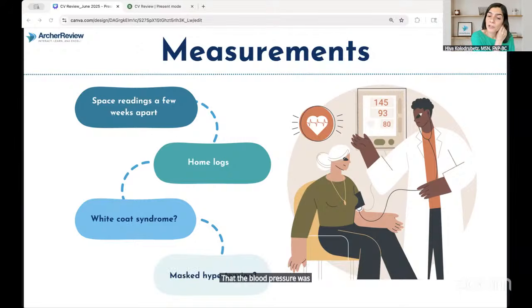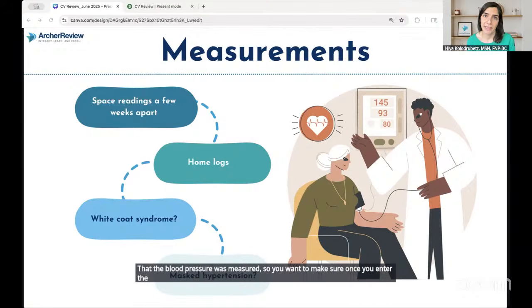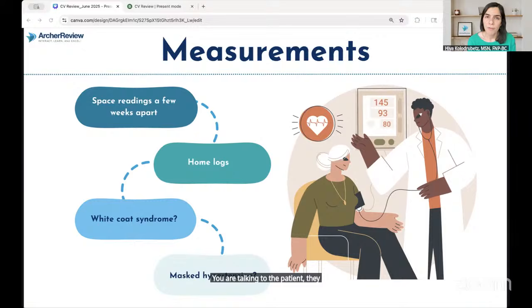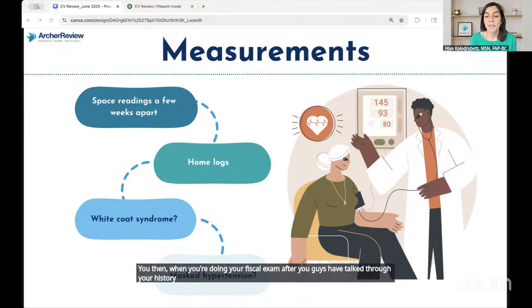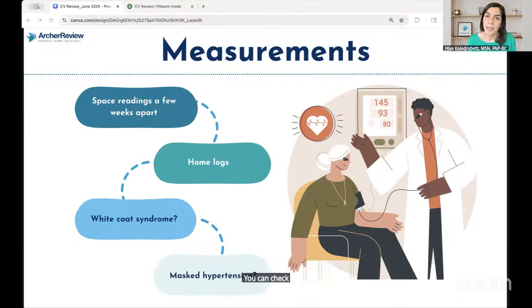So once you enter the patient room, you talk to the patient, and they've been sitting down for 5 minutes. Then, when you're doing your physical exam, after you've talked through your history, you can check the blood pressure manually yourself and see if it's a true elevation or not.